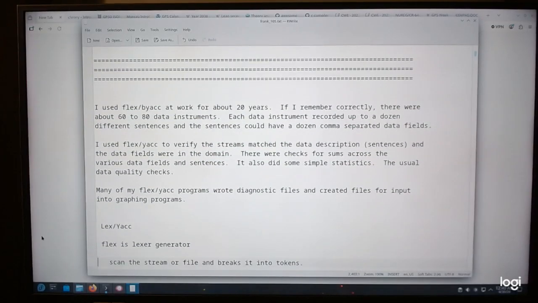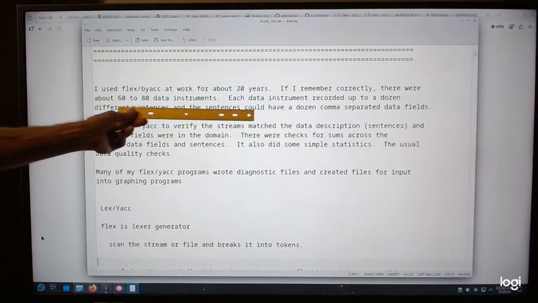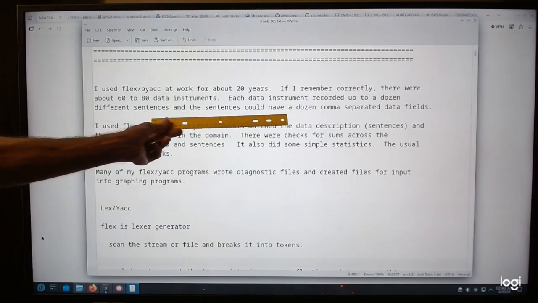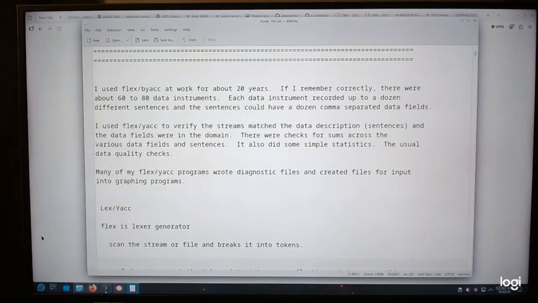Let me just take a few minutes here on Lex and YACC. I used those at work for about 20 years. There would be about 60 to 80 instruments, and they would record up to a dozen different sentences, and the sentences could have a dozen or more comma separated fields.